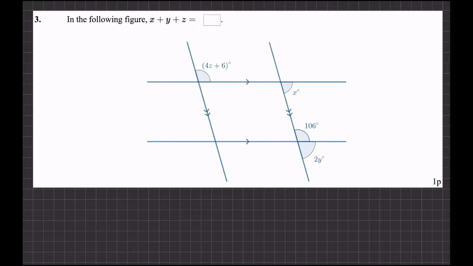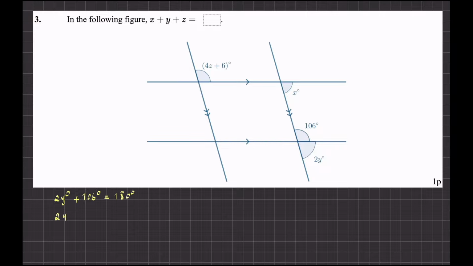The first thing that comes to mind is to start from here, because we know that the sum of these two angles should be 180. So I would say that 2y degrees plus 106 degrees is supposed to be 180 degrees.